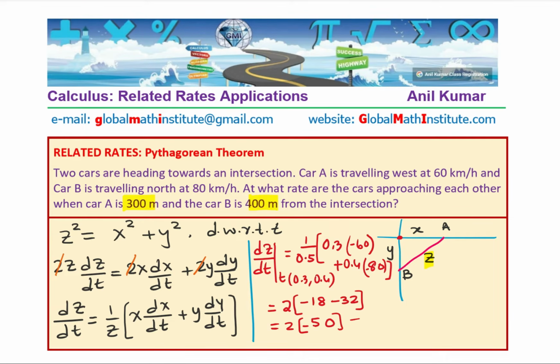Negative. And that is minus 100. We can multiply this now. Okay, so minus 100. And the rate of change is displacement by time, kilometers per hour. Is that clear to you?